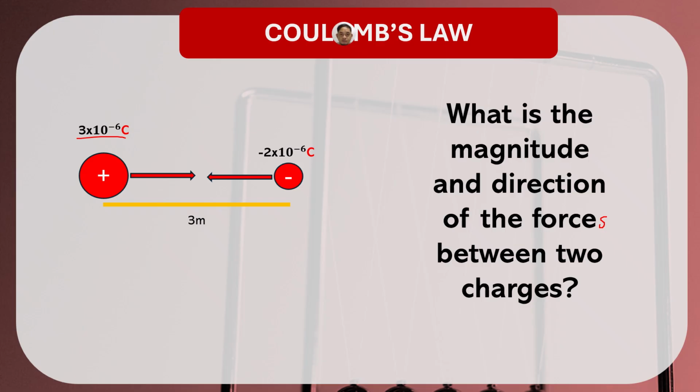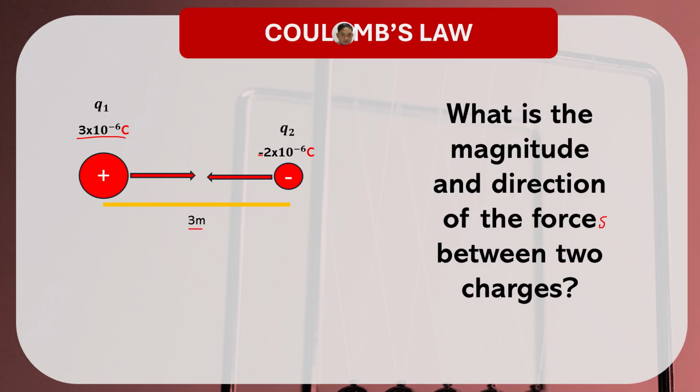And since the other is a negative charge, we have negative 2 times 10 raised to negative 6 coulombs. Let's find out the magnitude and the direction of the forces between these charges. We have a distance between these two charges. It's 3 meters. It's already in meters, so no need to worry. You can calculate it directly. Let's say the positive one is charge one.